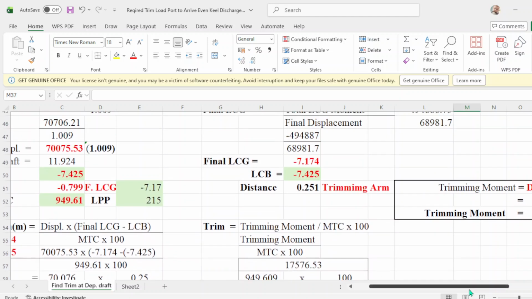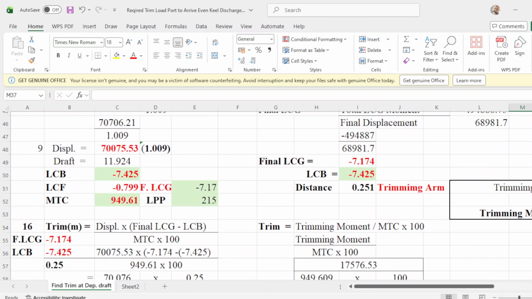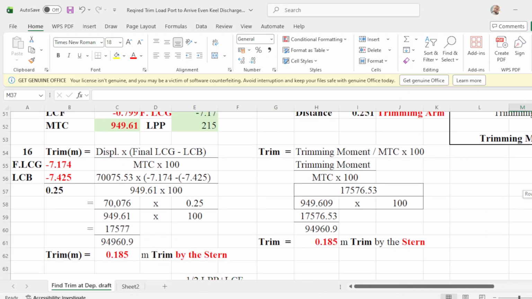Your MTC is 94960.9 times 100. So bring down the trimming moment. Multiply this one. That will be 94960.9. Divide, and your trim is 0.185, almost 19 meters.